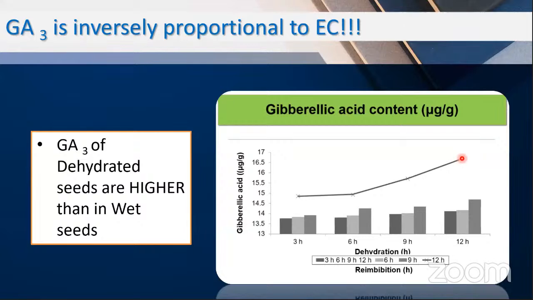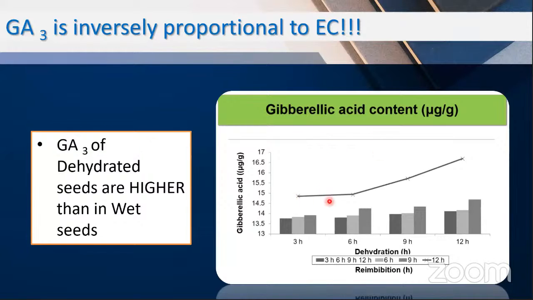Gibberellic acid's impact on seed germination need not be explained, because this is the precursor. Gibberellic acid will directly influence the amylase synthesis. Amylase will go and break down the starch and give the required energy. So gibberellic acid triggers the seed germination. After imbibition, the first activity that happens inside the seed is gibberellic acid synthesis.